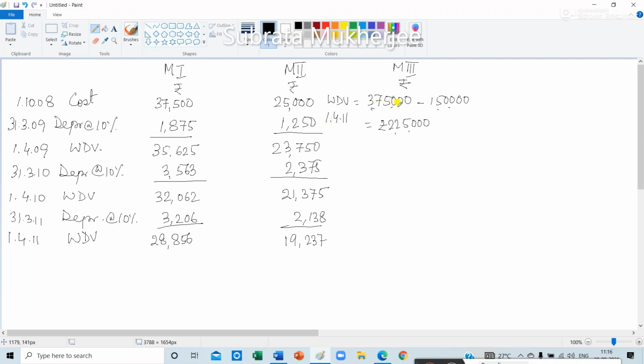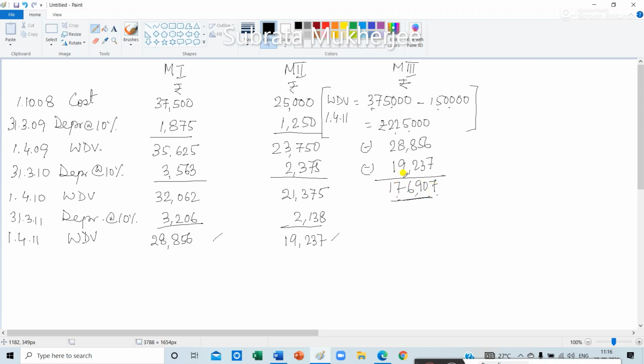Again, I repeat, the written down value of the machinery on 1st April 2011 is 3,75,000 minus 1,50,000, which is 2,25,000. This is the written down value of the entire machinery. Now from this 2,25,000, you need to reduce the written down value of machine 1 and machine 2. So I am reducing 28,856 and 19,237. If you reduce these two figures from 2,25,000, you will get 1,76,907.